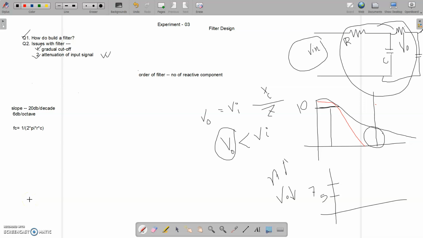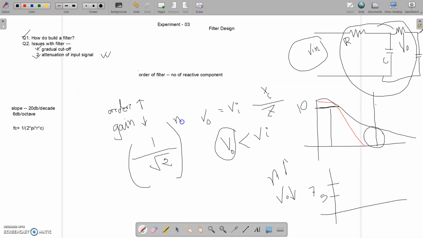So here we can see, as we increase the order, the amplitude, which we call gain actually, of my filter decreases. It decreases at a rate of 1 divided by root 2 to the power n.